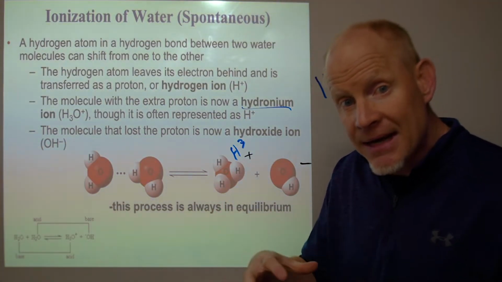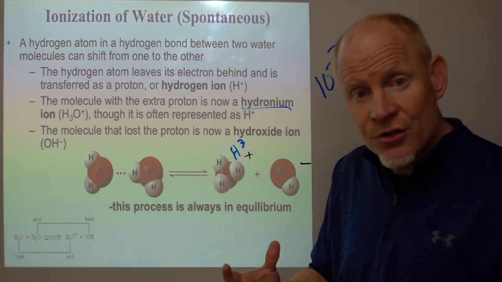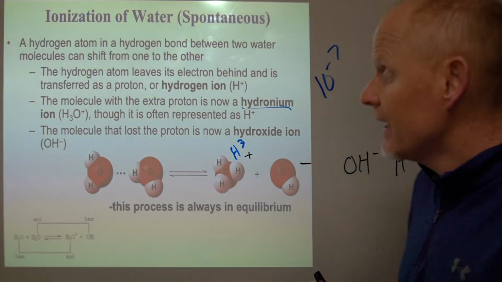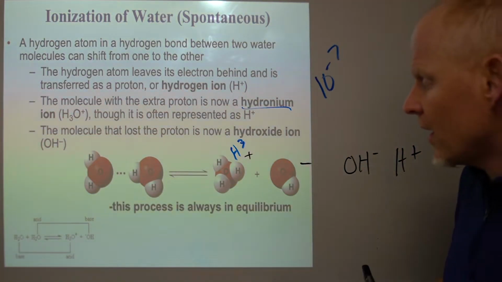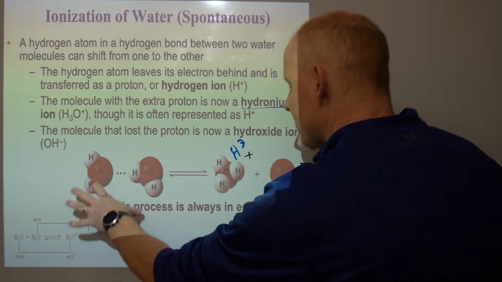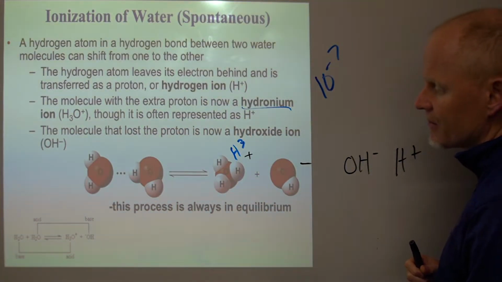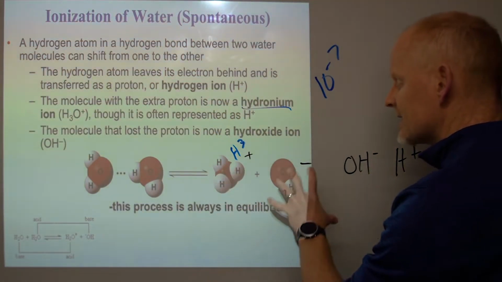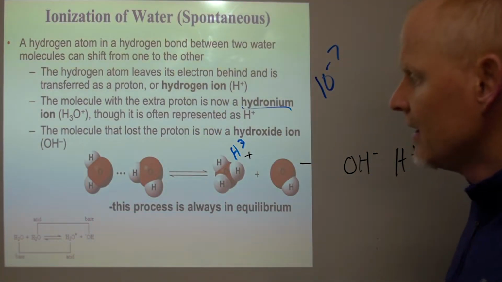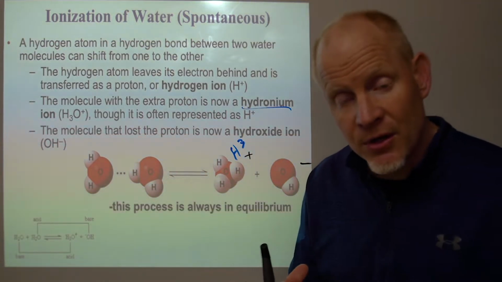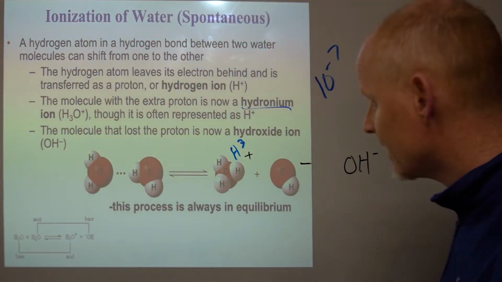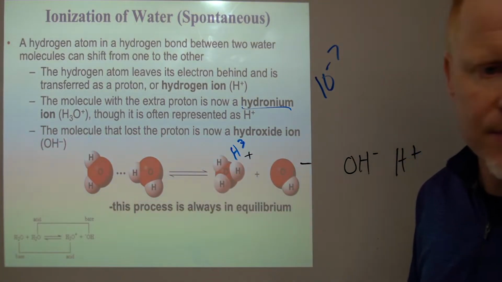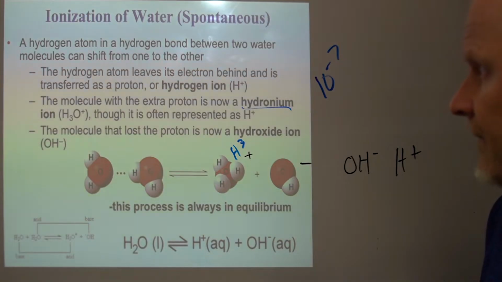But you can add bases and add acids to a solution, and you can change the pH. We're going to talk about that in a while. So this process obviously is in equilibrium. When we're talking about pure water, it can go back and forth pretty equally. Again, this type of event is pretty rare, but happens enough within pure water that you actually get protons and hydroxide ions. So let's talk about this as far as its implication in biology.